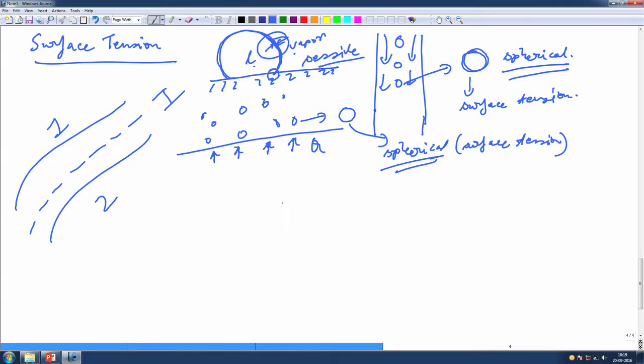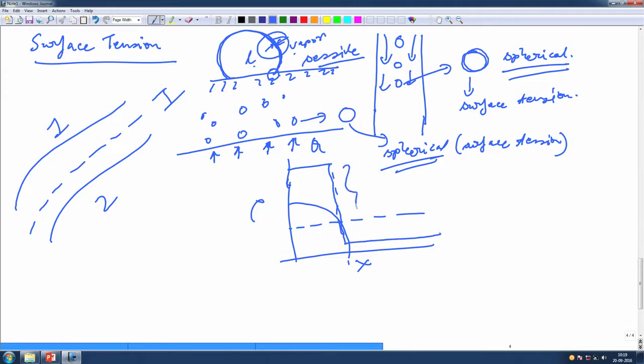If you want to plot the density, for example, if this is the droplet, the density will be very high, this is rho, and for this cut section, let us term it as x. The density will be very high right up to the interface, then it will attain a sharp drop and come to a value over here, and this drop in the case of liquid and vapor is of the order of 1000.